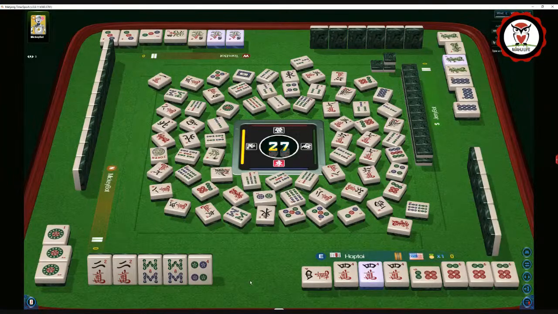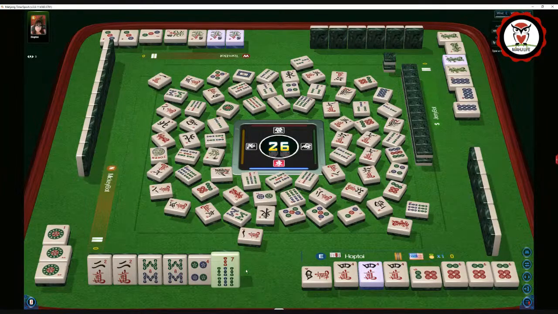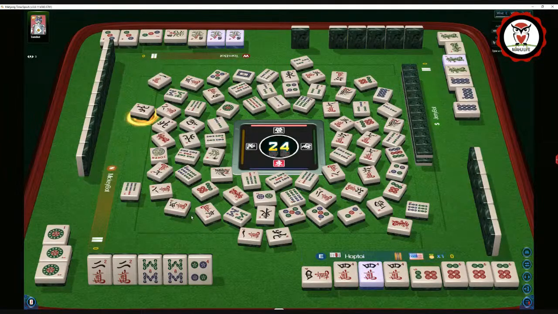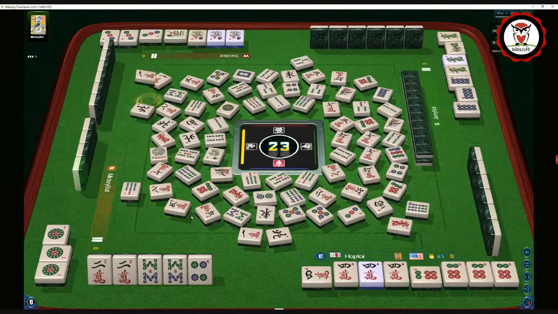But because the robots are not smart, they could be keeping the 4 dot. We don't know. Could be in the wall though too. 7 bamboos. So there's only one North wind. My guess is, I guess there's no way to know, really. I'm hoping that they'll discard it or we'll draw it. 4 dot from the wall.